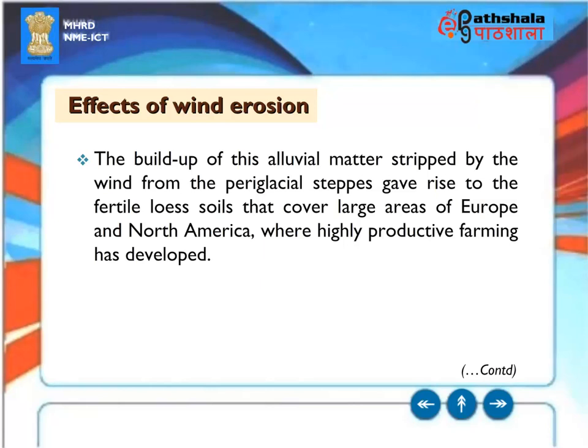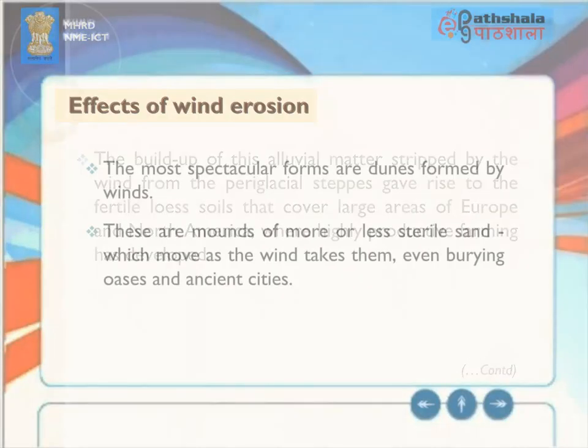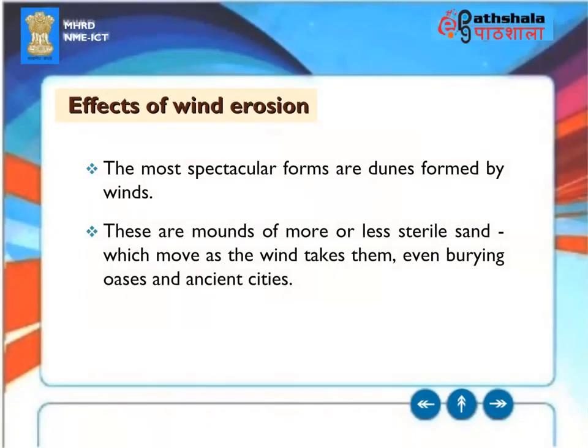The buildup of this alluvial matter, stripped by the wind from the periglacial steppes, gave rise to the fertile Loess soils that cover large areas of Europe and North America, where highly productive farming has developed. The most spectacular forms are dunes formed by winds. These are mounds of more or less sterile sand, which move as the wind takes them, even burying oases and ancient cities.